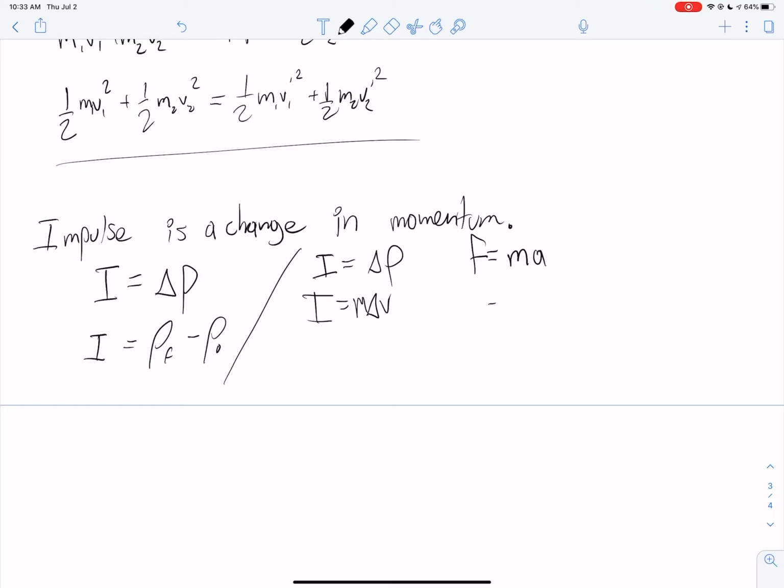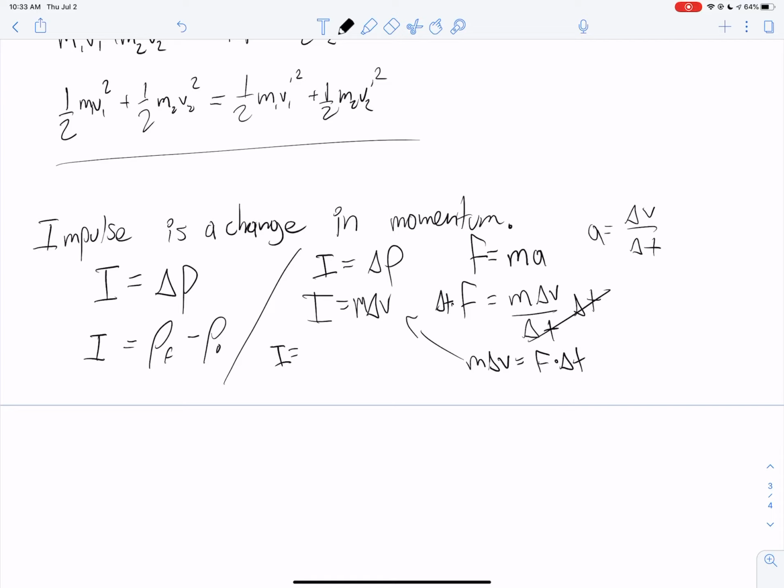So if A is equal to change in V over change in T, we can write this as change in V over change in T is equal to F. And if we multiply by change in T on both sides, we end up with M change in V is equal to F times change in T. And then we can plug this right into this, and we have impulse is equal to force times delta T. Okay? Two different ways of finding impulse.